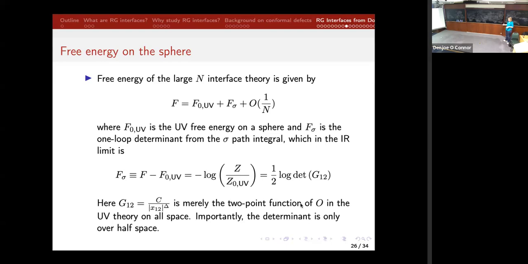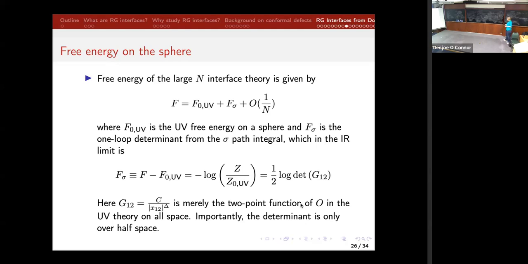So we could say something about the boundary free energy in a certain dimension and compare that. Well, we did end up calculating that, although I haven't described it in my slides.